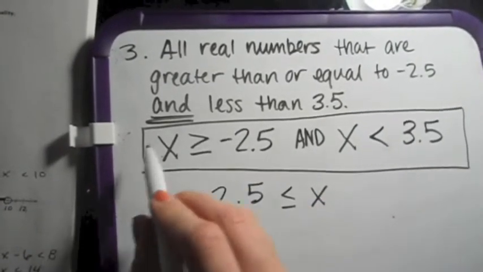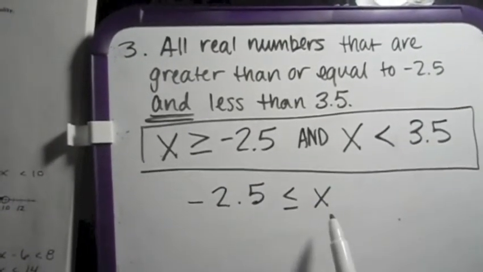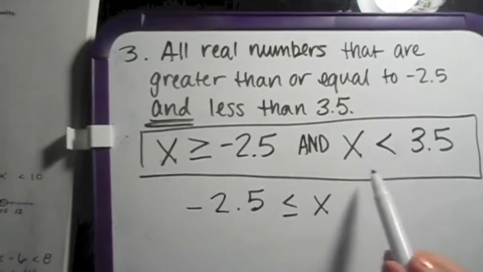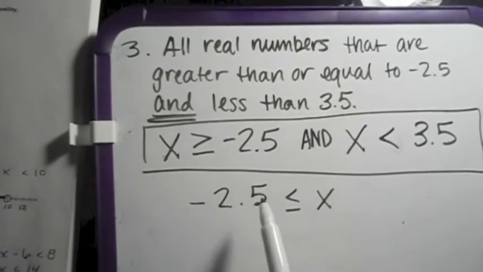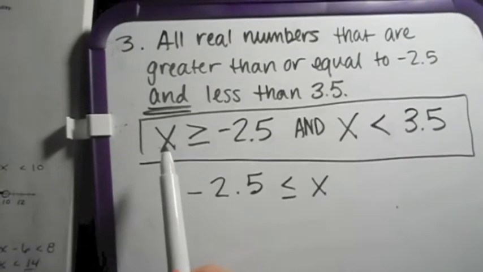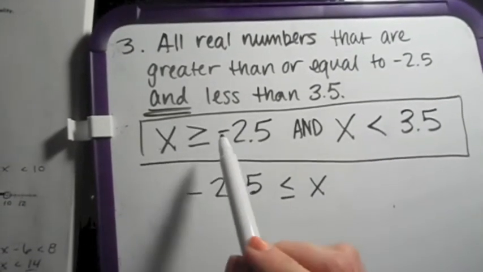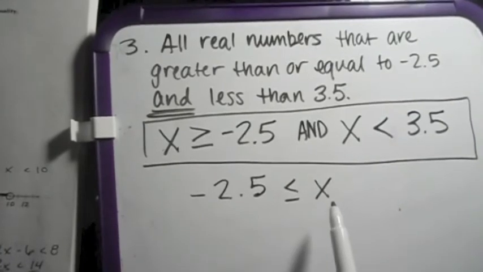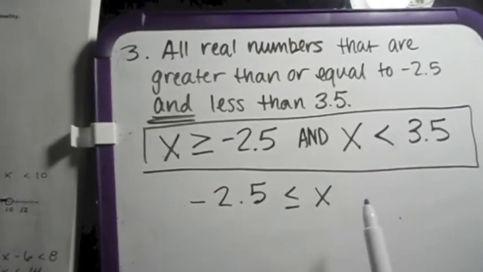I rewrote this inequality with x on the right side so that we can combine it with this one. So negative 2.5 is less than or equal to x is the same thing as x is greater than or equal to negative 2.5. I flipped the side, so I flipped the sign. Okay?